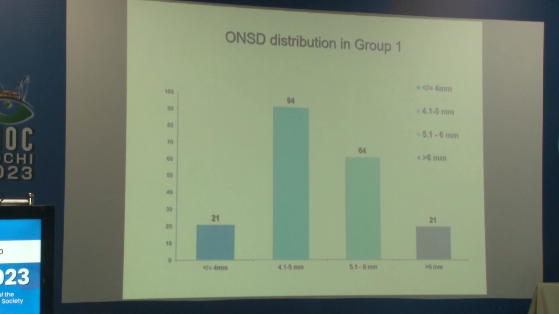There were 200 eyes in group 1, of which 94 eyes had an ONSD value of 4.1 to 5 mm, and as we can see, group 1 had ONSD of more than 4 mm.